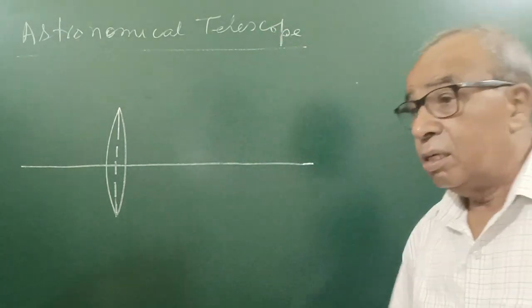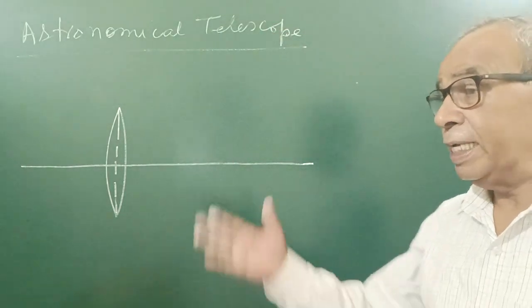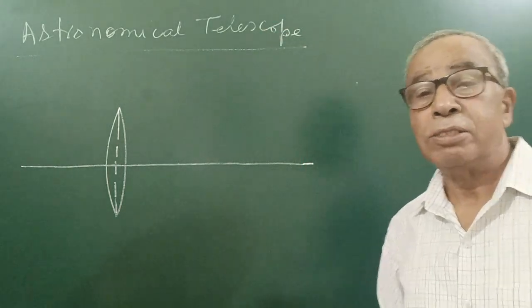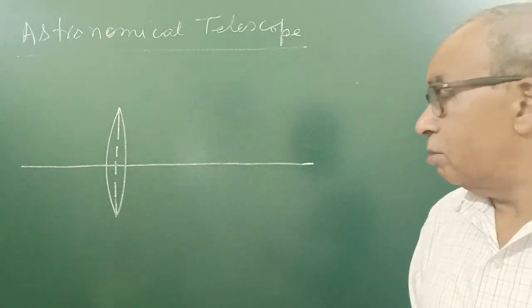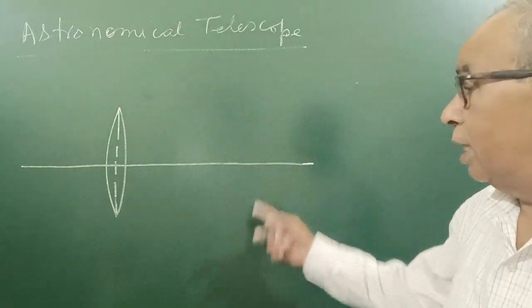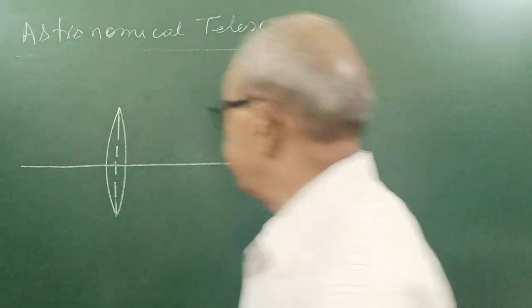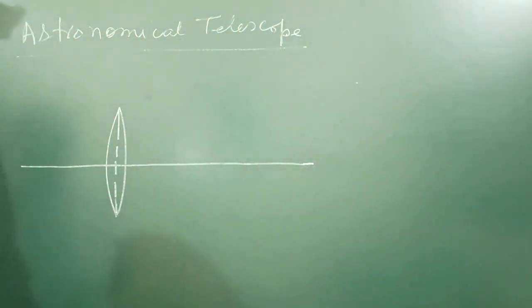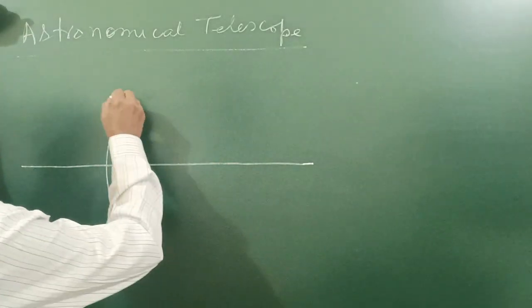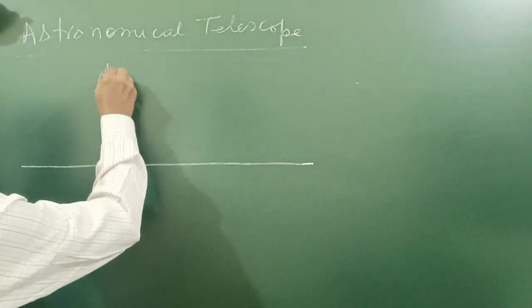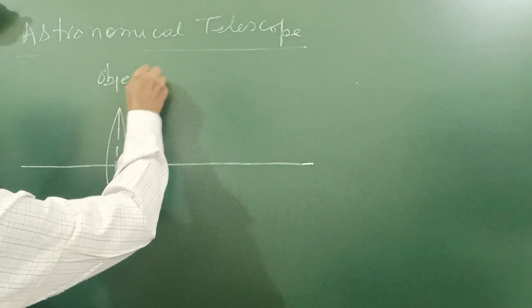Please watch the video carefully. See what I am doing. Generally, I told in the last video, students make both the lenses simultaneously. No, this is wrong. You will not be able to draw the diagram. So, the objective lens has large focal length.